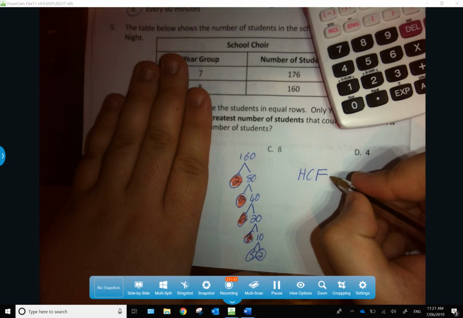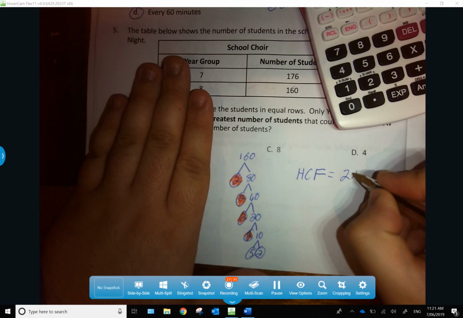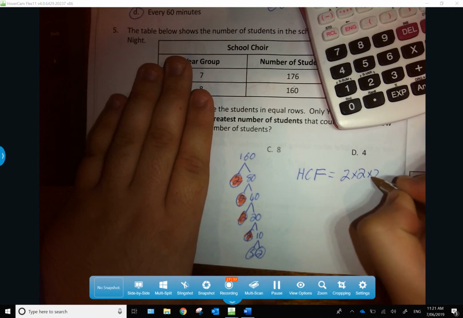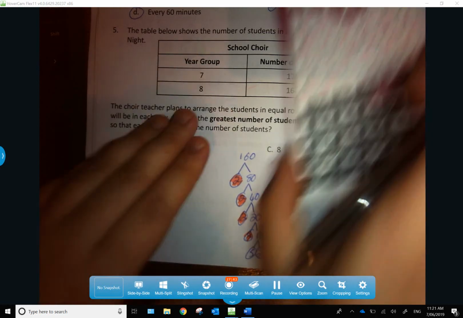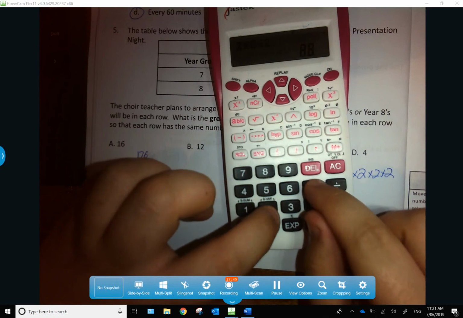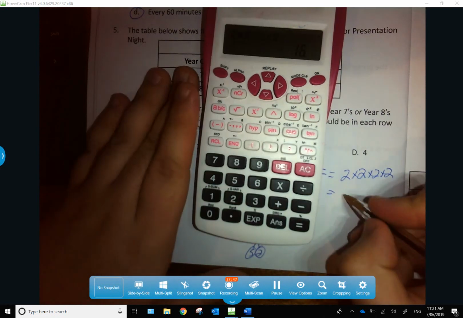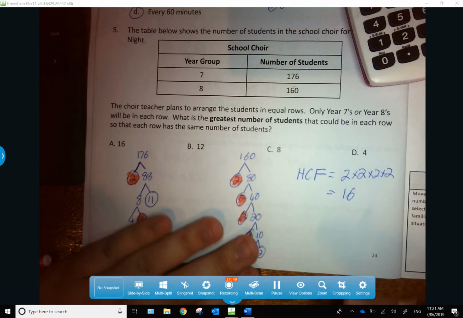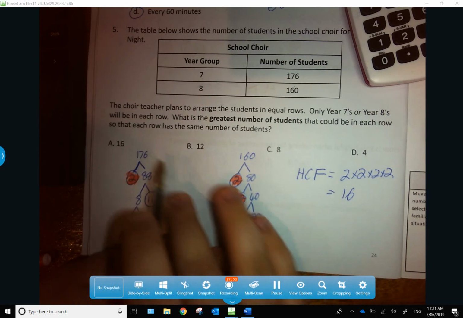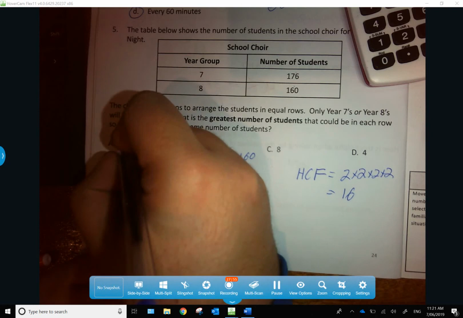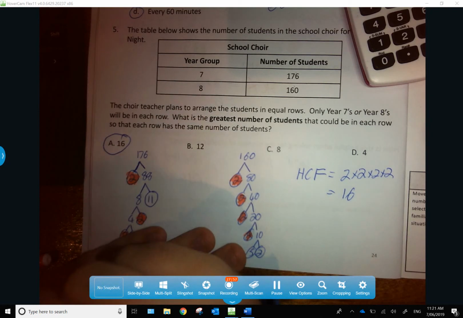So the highest common factor is 2 times 2 times 2 times 2. 1, 2, 3, 4. There are 4 2's there. I get 16. So to answer the question, what is the greatest number of students that could be in each row so that each row has the same number of students? 16. Okay.